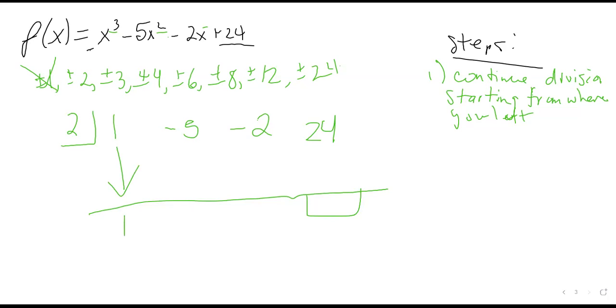So I bring down the 1. 1 times 2 is 2. -5 plus 2 is -3. -3 times 2 is -6. -6 minus 2 is -8. -8 times 2 is -16.